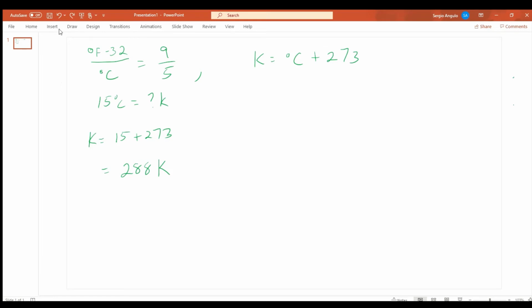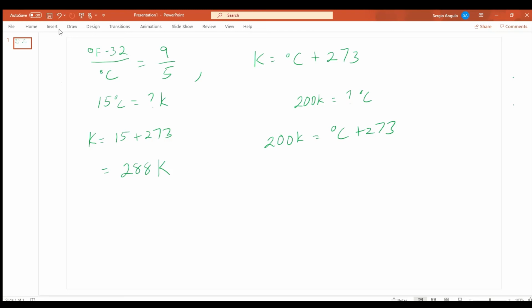And if I were to give you a Kelvin temperature, like let's say, how hot is 200 Kelvin? How many degrees Celsius is that? Well, all you do once again is plug it into this equation, except you plug in the Kelvin value. So you start with 200 Kelvin. 200 is going to equal degrees Celsius plus 273. In this case, since the given temperature is on the opposite side of the 273, you need to get degrees Celsius by itself.